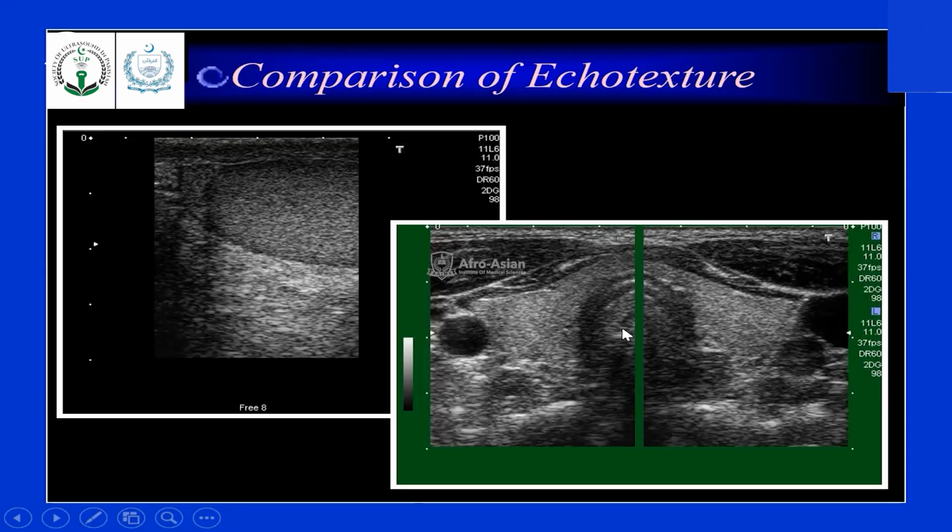This is the right lobe, left lobe of thyroid with the isthmus and trachea here. These are the carotid vessels. Then here are the muscles of neck. And when we compare the echogenicity or echotexture of thyroid with testicles, the testicles will be relatively hypoechoic.